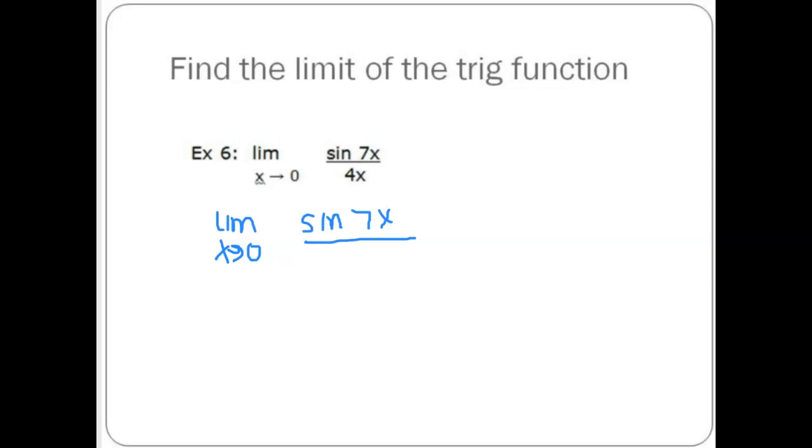So you need to recall that in properties of limits, you can bring a constant out. So I could bring the 1/4 out in front, but that still leaves me with an x missing a 7. So I need to multiply by 7 over 7. Again, that's like multiplying by 1.